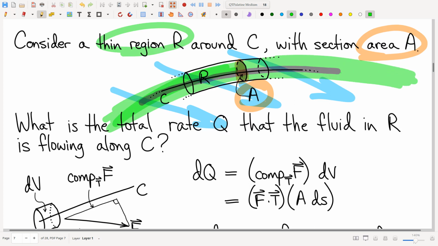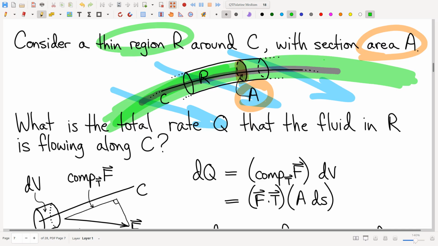It's almost like a tube, except it's not enclosed. It's a real thin little region, a neighborhood, or vicinity, of the curve. I want to talk about just the fluid that's appropriately close to that curve.